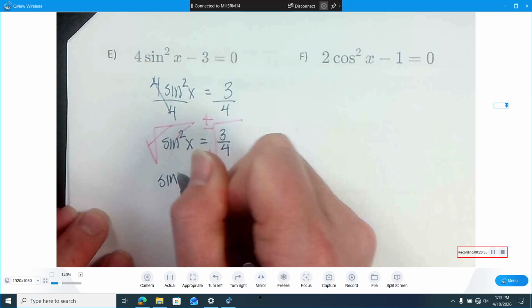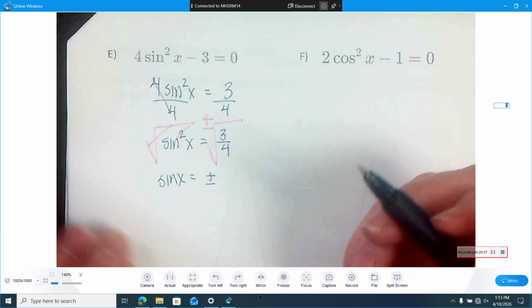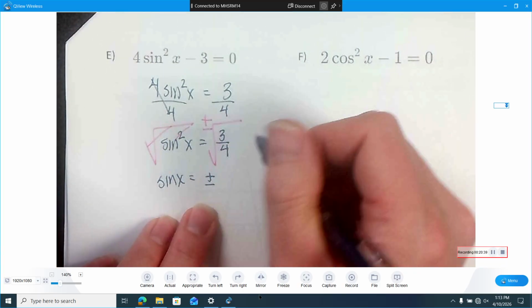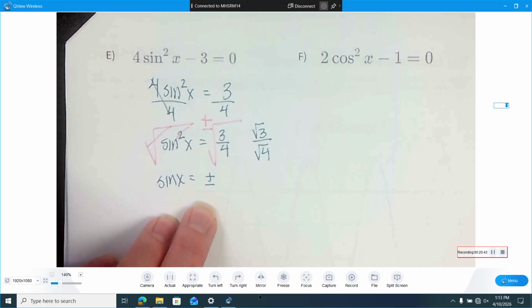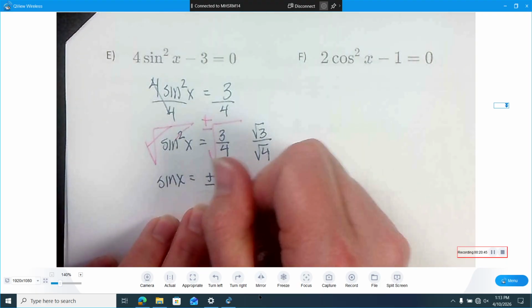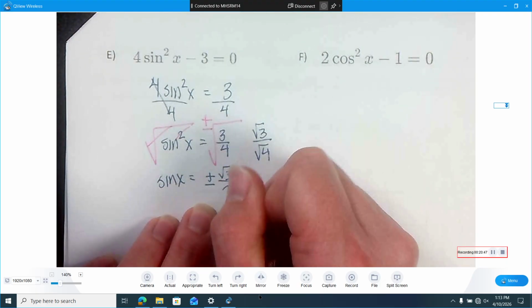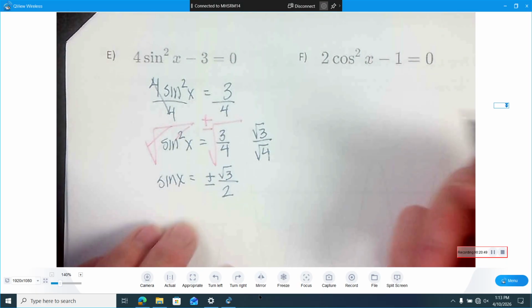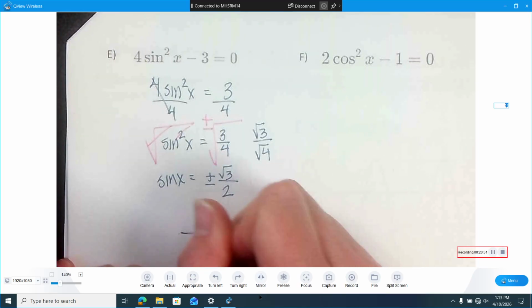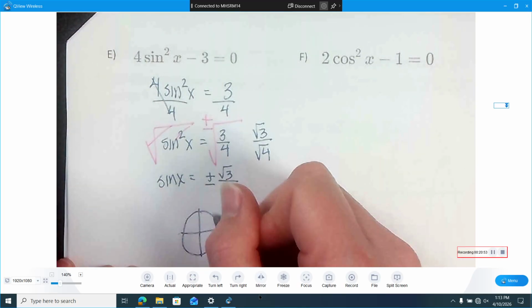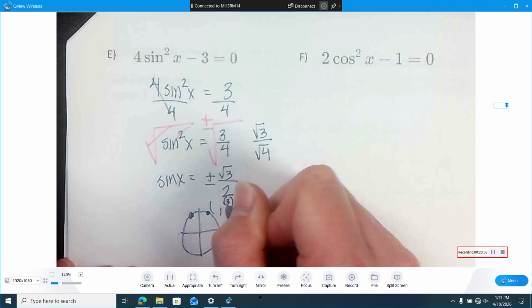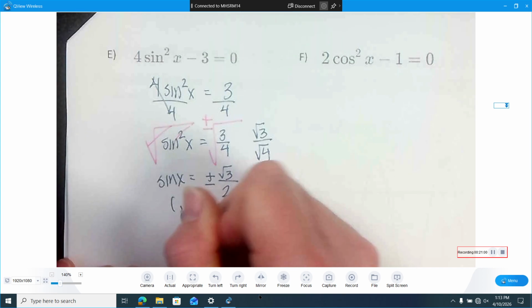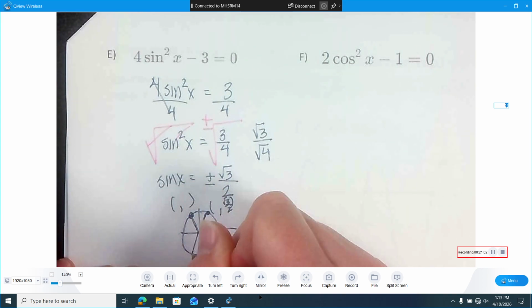So we get the sine of x is going to be equal to plus or minus the square root of 3 over the square root of 4. So radical 3 stays. The square root of 4 is 2. So now we want all of the radical 3's over 2. That is the y-coordinate is radical 3 over 2, positive and negative.